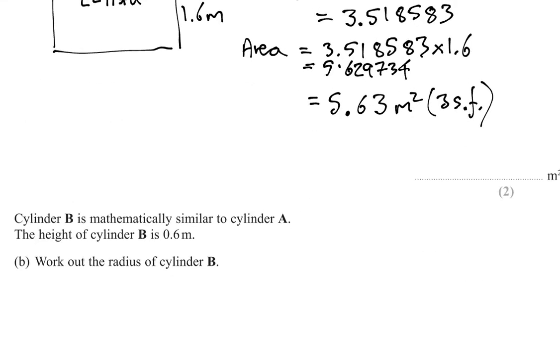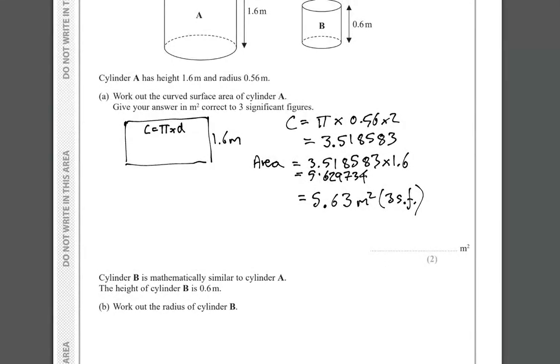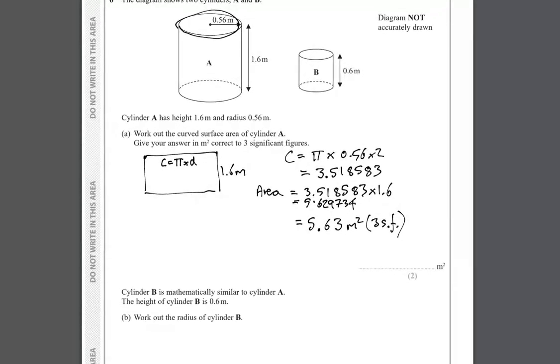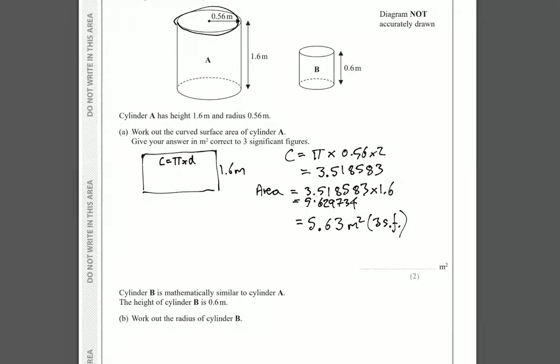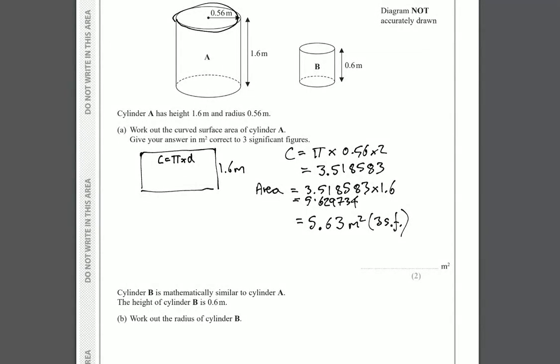Okay, part B. The cylinders are mathematically similar. So that means one is an enlargement of the other. Okay, what is the radius of cylinder B? Well, how do we get from A to B? How many times bigger is it, or how many times smaller?